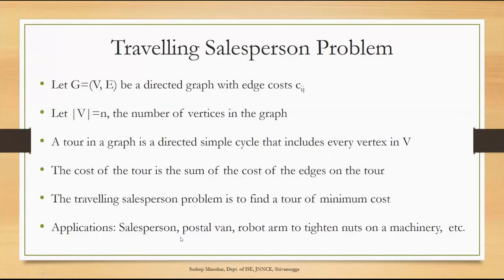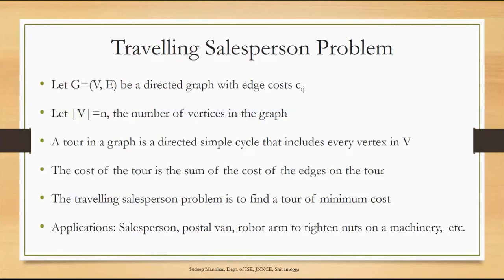The postal van will travel from one city to another city, and while coming back to the same city, it will cover many places in its tour. So the postal people have to reduce their fuel cost. What is the minimum tour that they can follow? So that may be one of the applications.